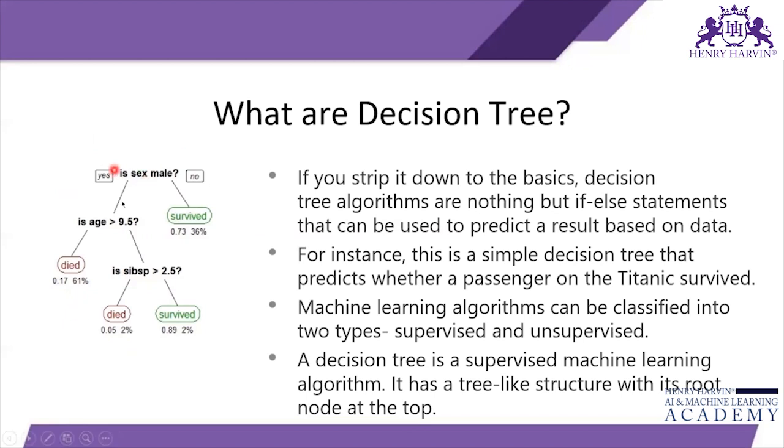It makes an if-else statement based on your input. So, is the person male or not? If the person is not male, then there is a 0.73 chance that the person survived.